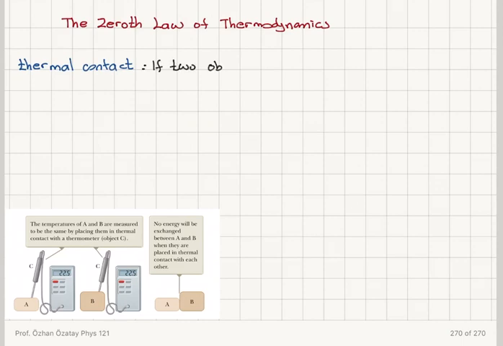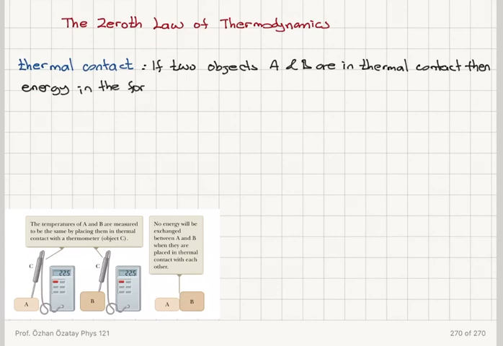If you have two objects A and B in thermal contact, what does that mean? That means energy in the form of heat and electromagnetic radiation can be exchanged between them.